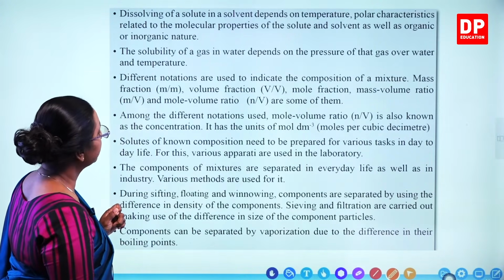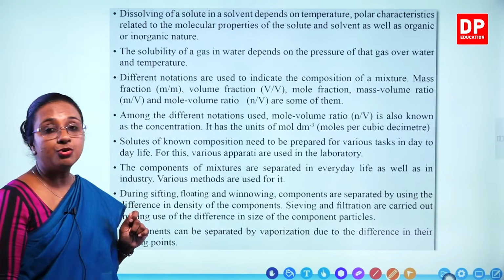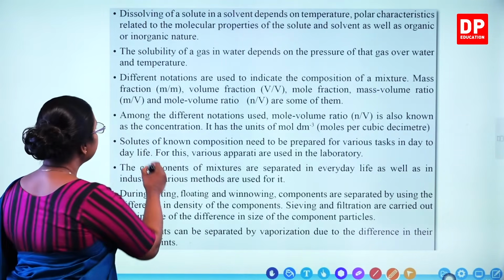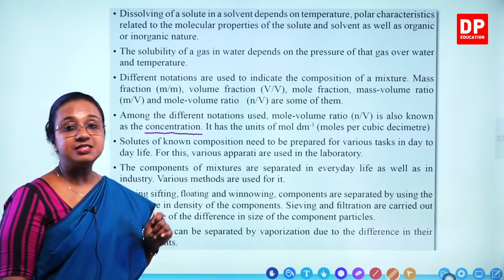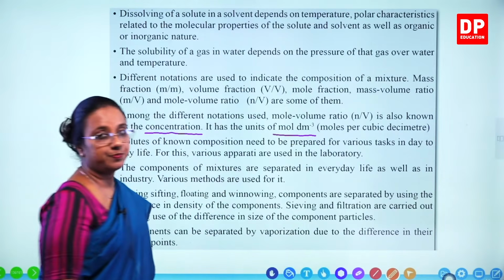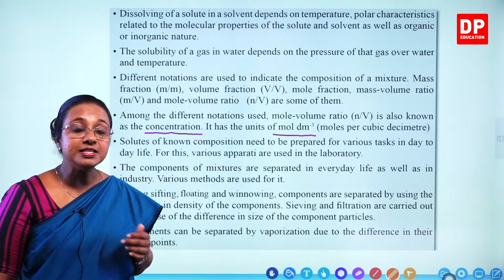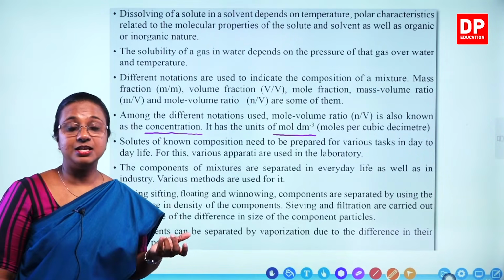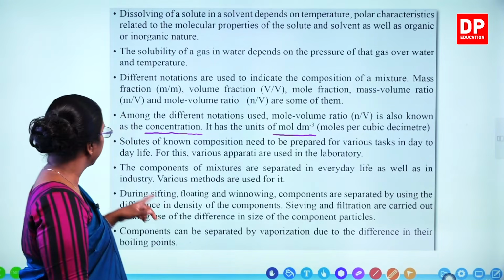Among the different notations used, mole volume ratio, that is N over V, is known as the concentration. This is an important term that you have to remember. It has the units of moles per decimeter cube, moles per cubic decimeter. That is the common unit. And you already know there is a standard unit, that is moles per meter cube.